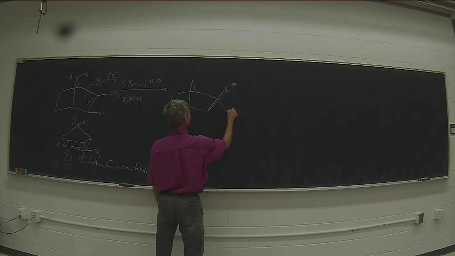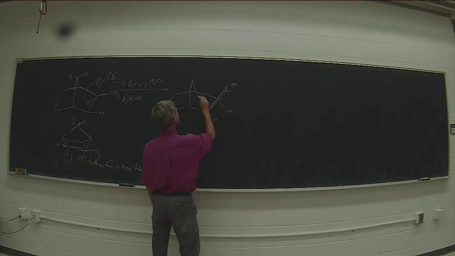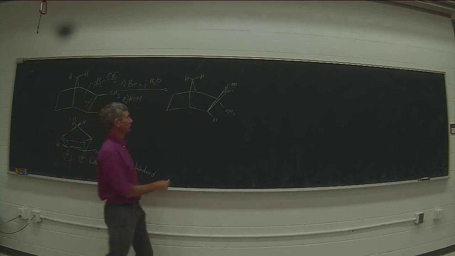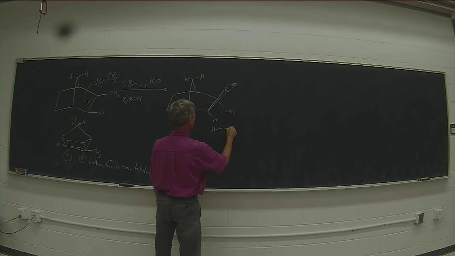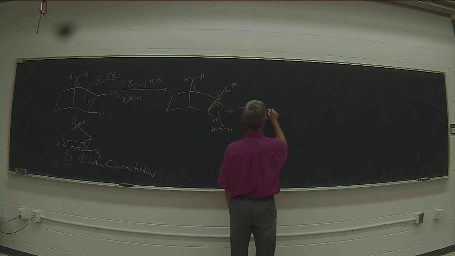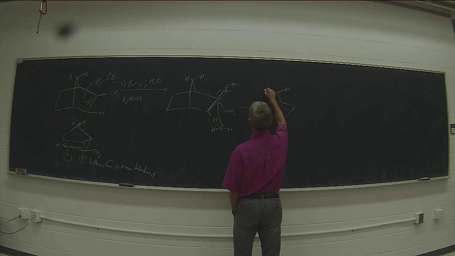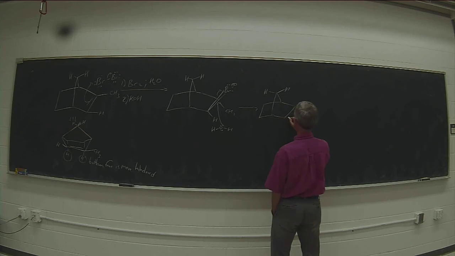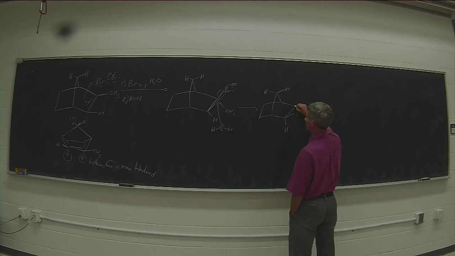Pushing the methyl group and hydrogen down. And then water will come and attack at the more substituted end from the bottom face. Thus leaving the bromine on the top at the less substituted end and pushing the methyl group back up.